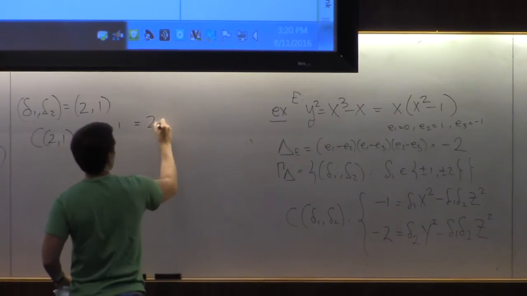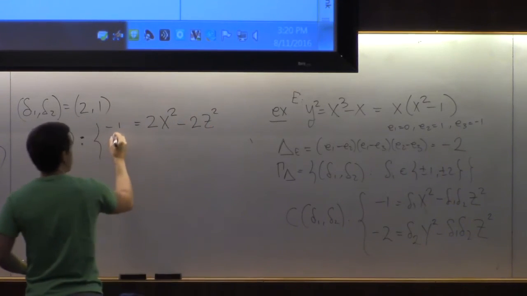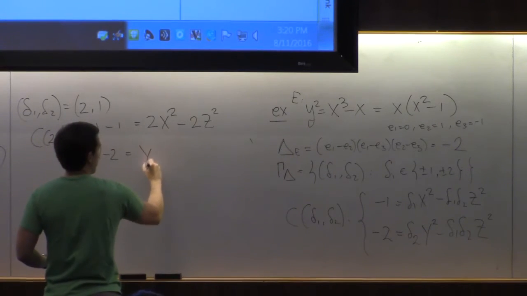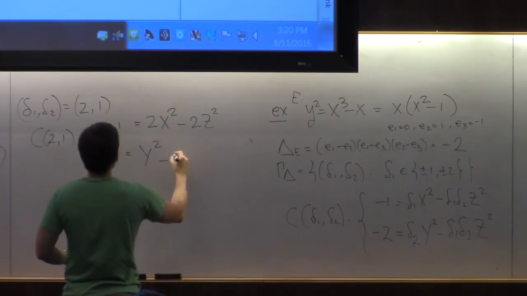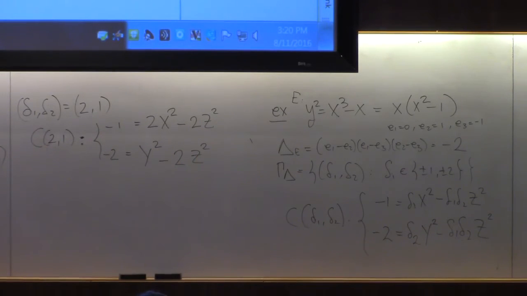So it is 2x squared minus 2z squared, and minus 2 equals delta 2 is 1, so it's y squared minus 2z squared. Are there rational points? Anything like it? Are there integral points? Can the x, the y, the z be integers?